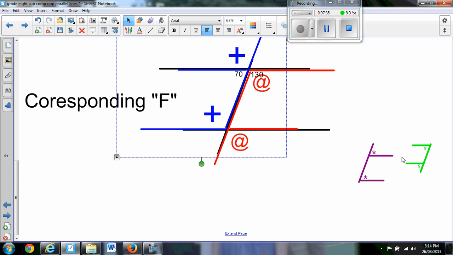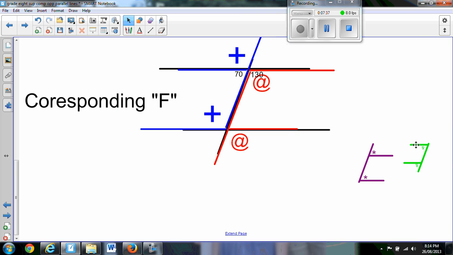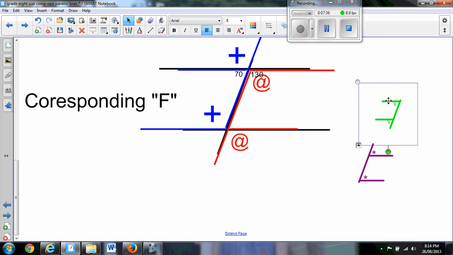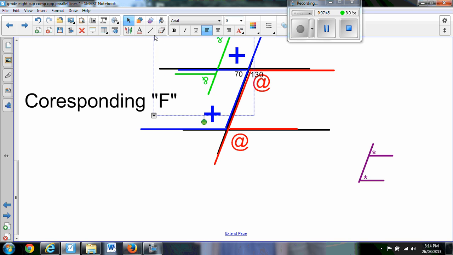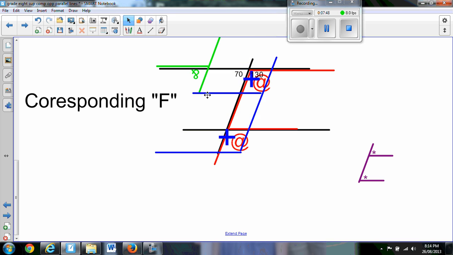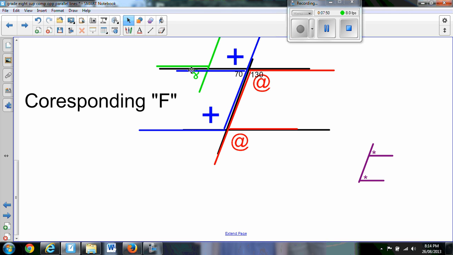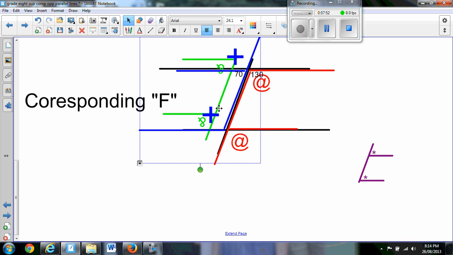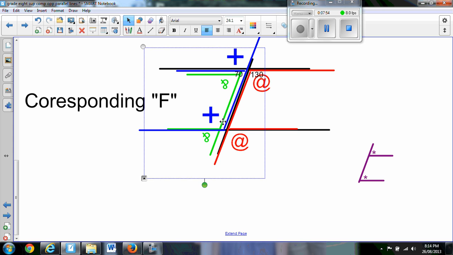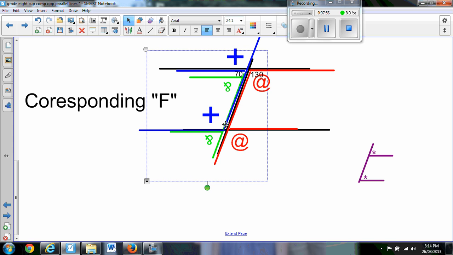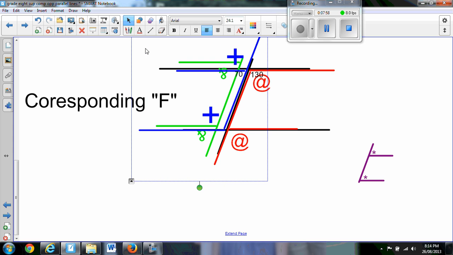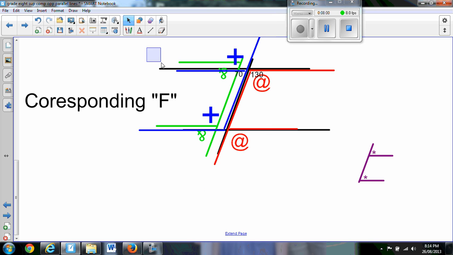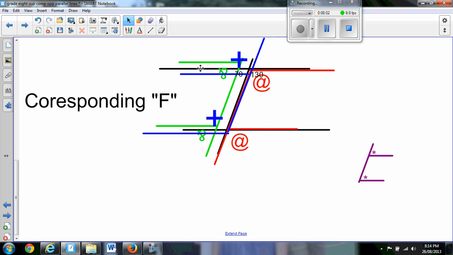All right, our next one, and they start to look the same, so you have to watch yourself. This next F is going to be located right inside here. And it looks a little bit similar, but you'll see that it is not in the same place as the last ones.